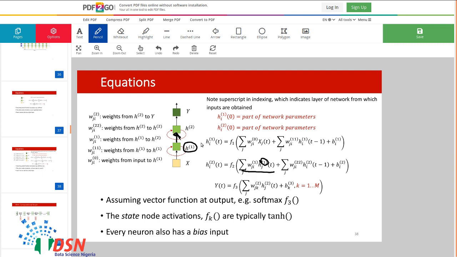As you can see, this is the input to this hidden state, and we have a term for the previous hidden state of itself, and also a bias. We have another bias here, and the output will be determined based on just this hidden state, and a bias.